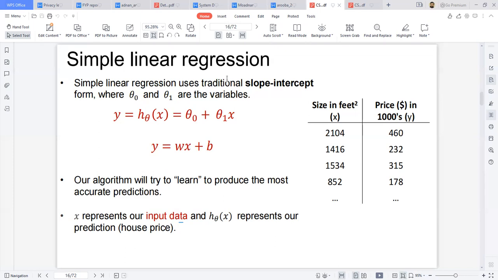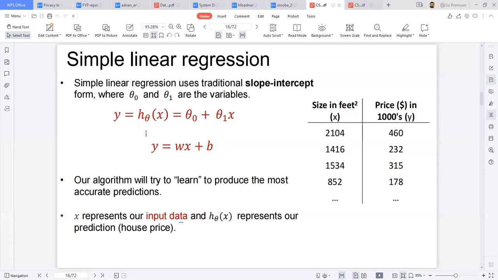Doctor, what is the difference between y equals hypothesis h of x equals theta 0 plus theta 1 x, and y equals wx plus b? It's the same.